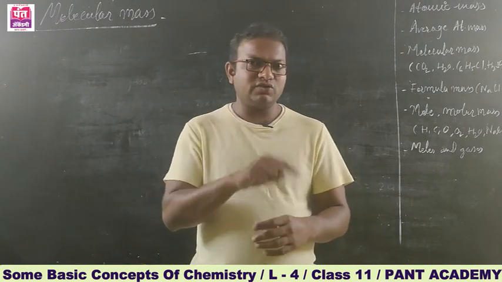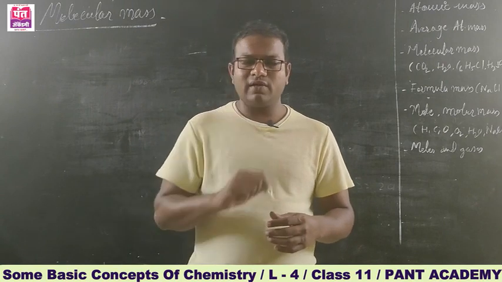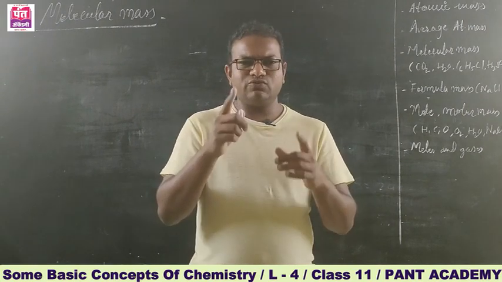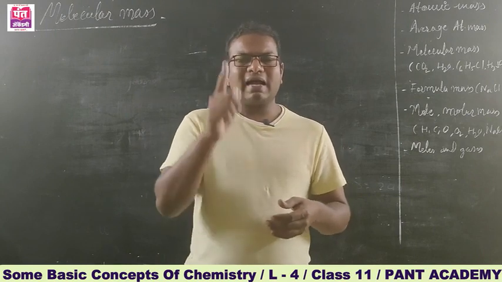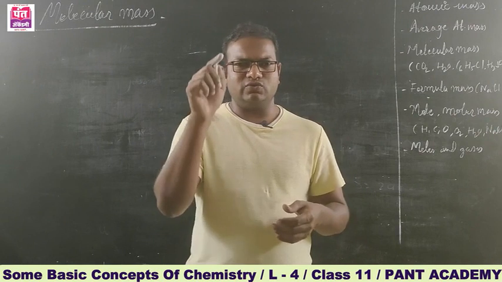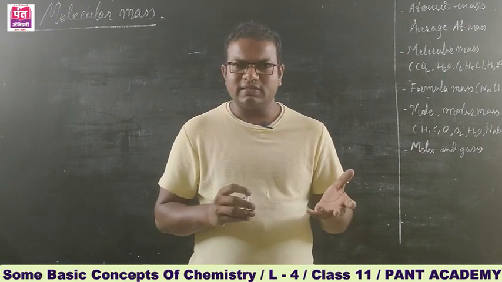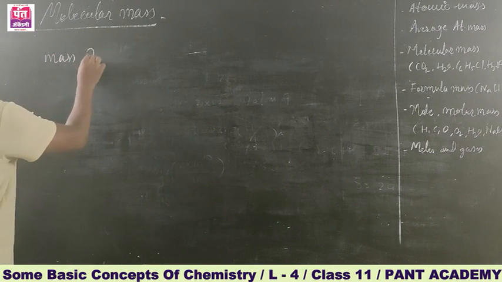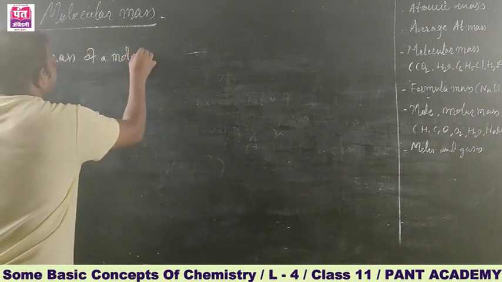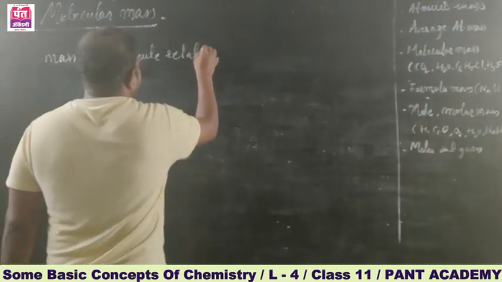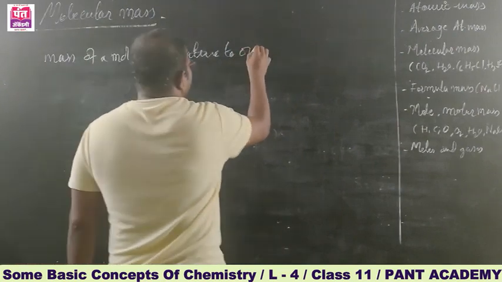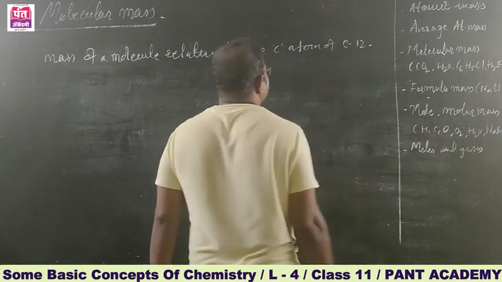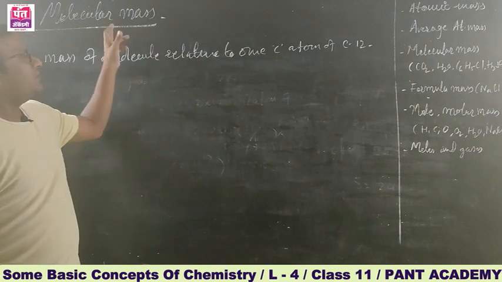So according to that the definition of molecular mass relative to carbon 12 is that it is the mass of one molecule relative to the mass of one carbon atom of carbon 12 isotope, and this is called molecular mass.